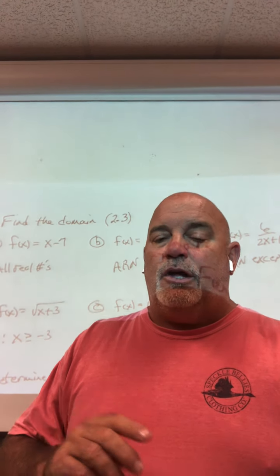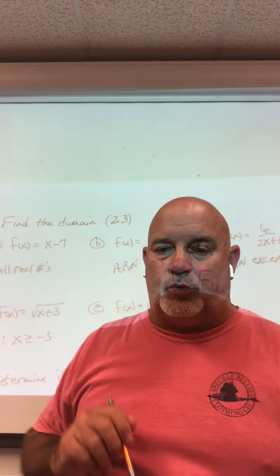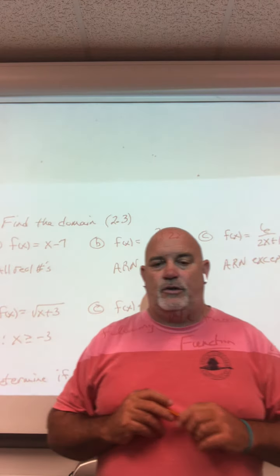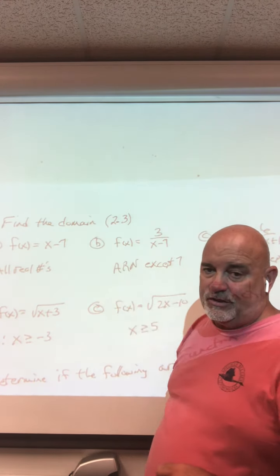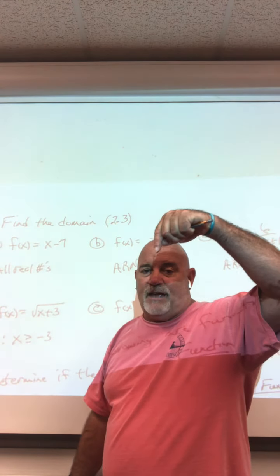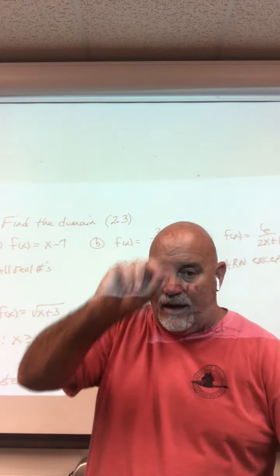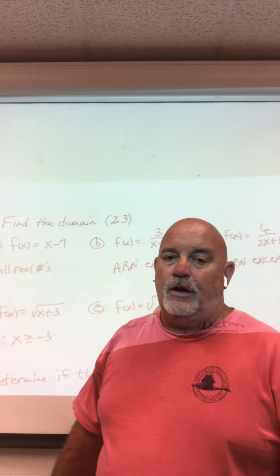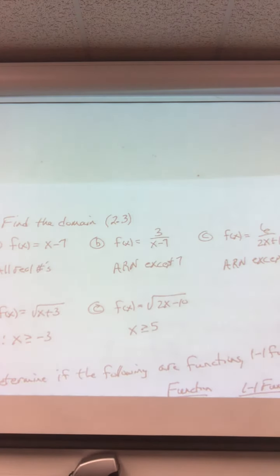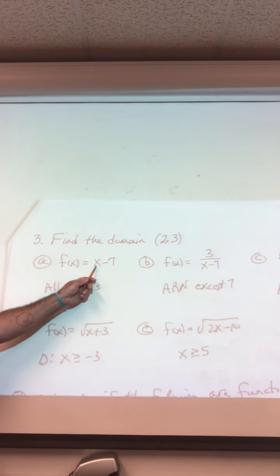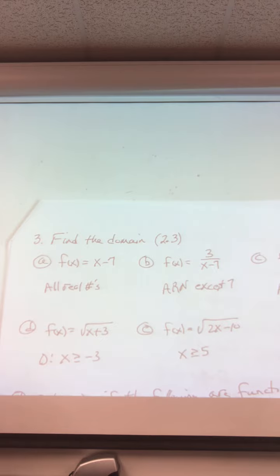Number 2, you can't have negatives under square roots. And then I told you this. When you're looking for domain of equations, if you do not have an x in the bottom and you don't have an x under a square root, the domain is all real numbers. So on this first one, you don't have an x in the denominator, you don't have an x under a square root, that's why it's all real numbers.